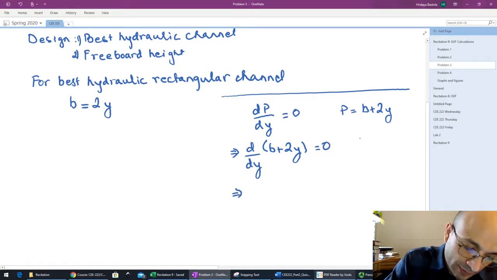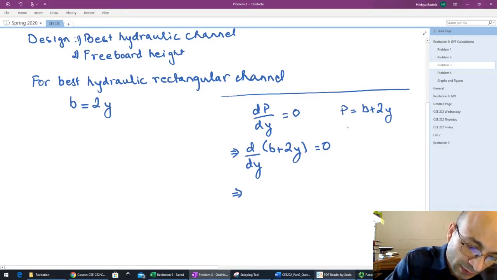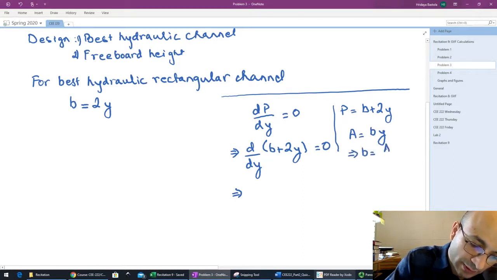Then using area, so we're looking at a constant area, so area equals b times y. That gives b equals area divided by y. Area is a constant in this case, so we can take that out.